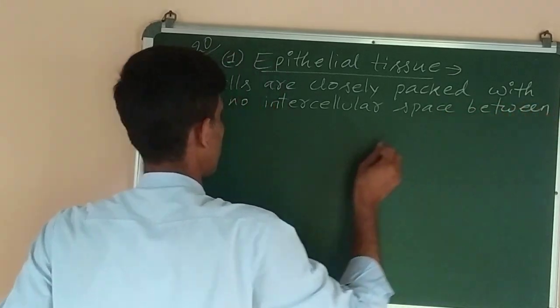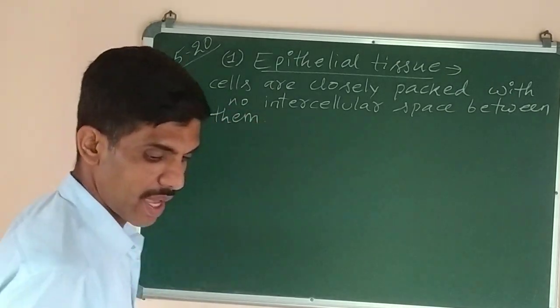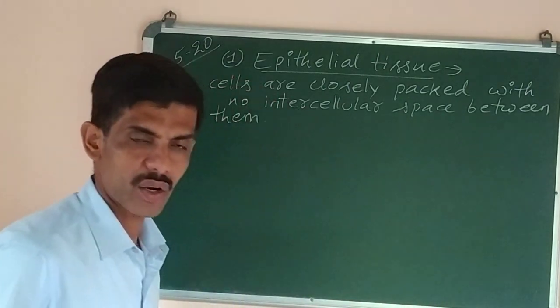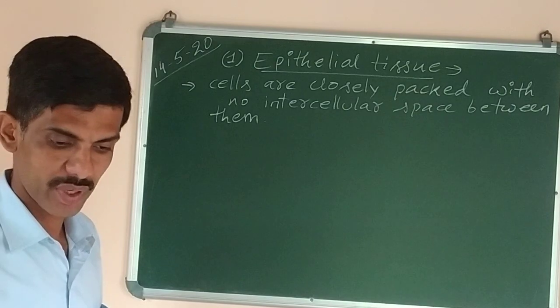Means what is this epithelial tissue made up of? Epithelial tissue is made up of cells which are closely packed with no intercellular space present between them.